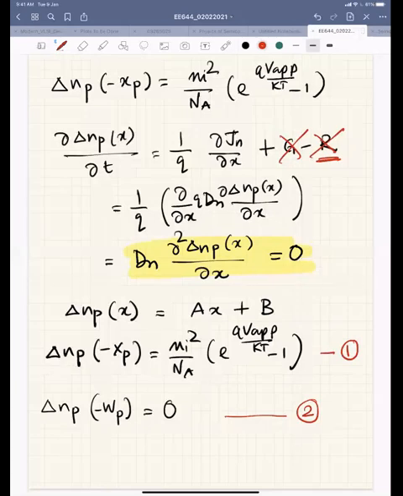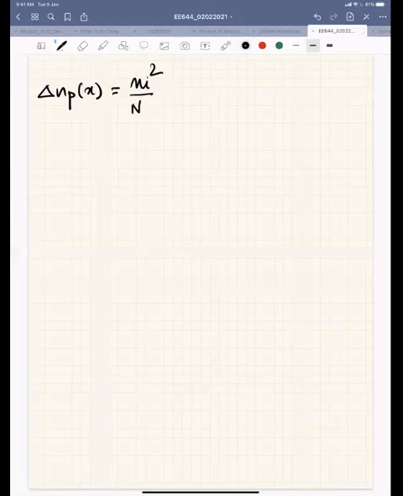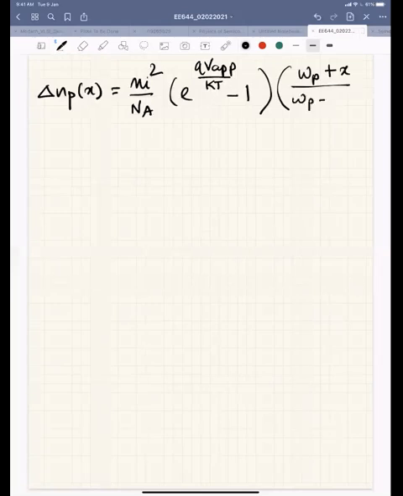So let me write down the final equation. I'll not do the derivation; you could do it later. So basically my delta np(x) is ni square by Na times e to the power q applied voltage by kT minus 1, times Wp plus x, and so on.